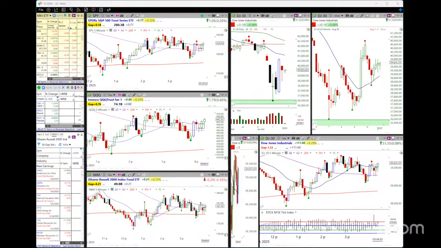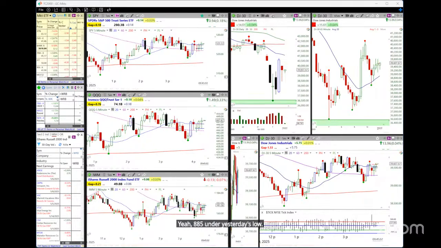All right, even this is kind of spready. So let's see, the 885. Yeah, 885 under yesterday's low. 855 is 1.25.